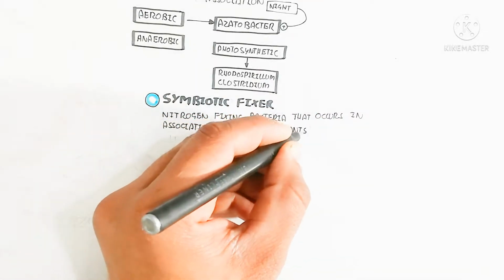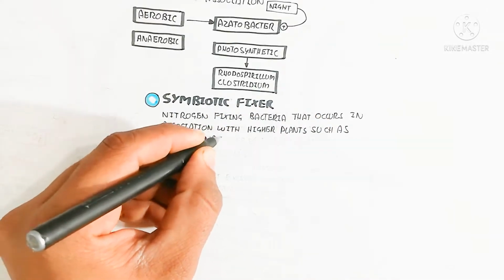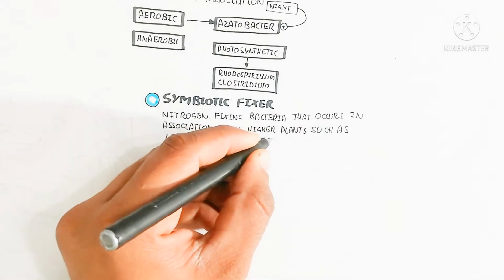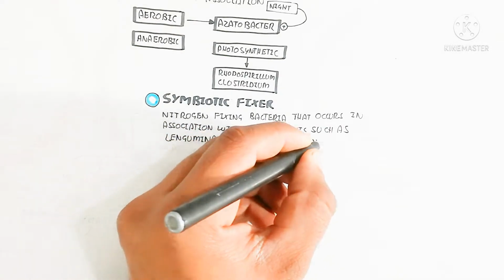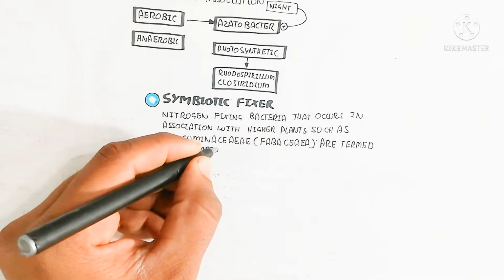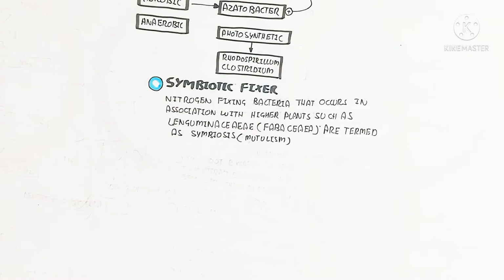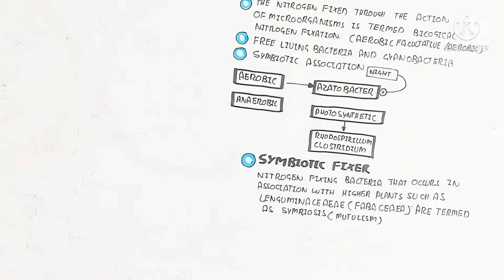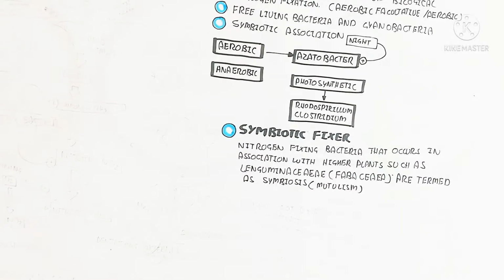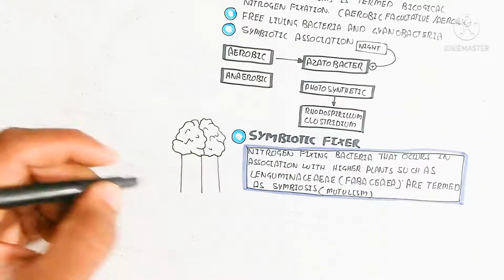The bacteria provide nitrogen in the form of nitrites and nitrates, while the bacteria consume energy from the plant, along with other minerals and vitamins, which is very helpful.